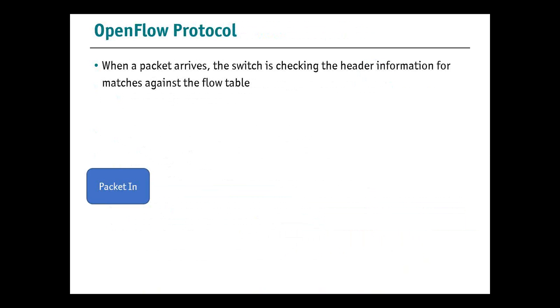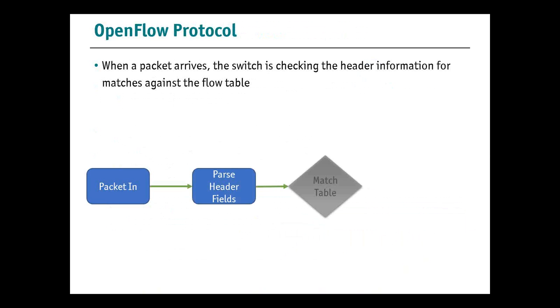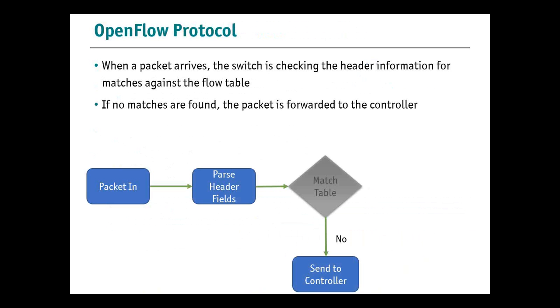So we now take a packet in at our switch, and the switch is now checking the header information of the packet for matching with flow entries in our flow tables. In the beginning, of course, our flow tables are completely empty. So what is happening here is that the switch is forwarding this single packet to the controller, and the controller normally now knows what to do with the packet.